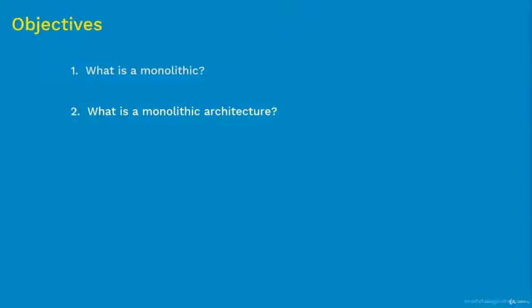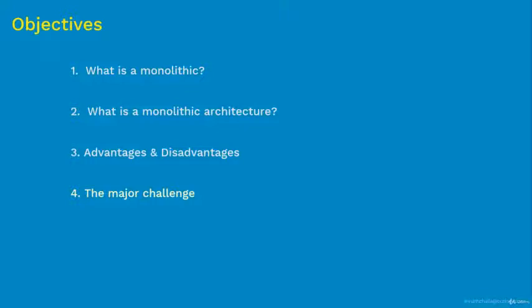Then we'll see some of the important advantages and disadvantages of monolithic architecture. And finally, we'll discuss one of the major challenges that led us to shift our focus from monolithic architecture to microservices architecture.